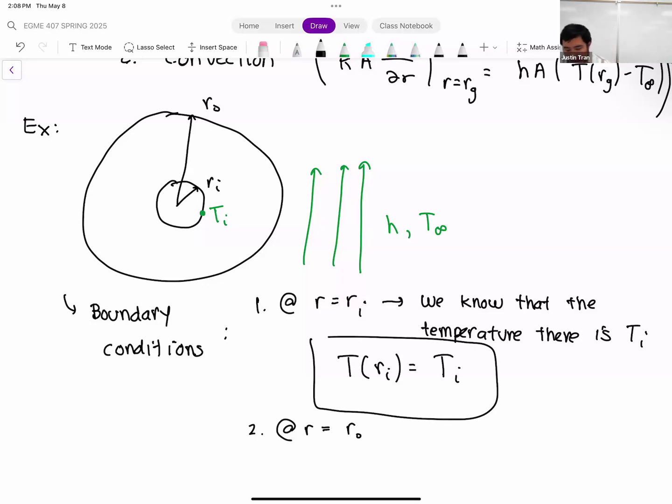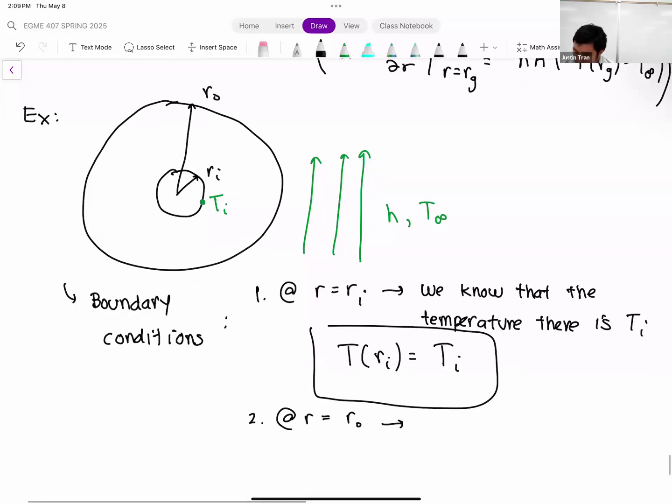Okay. At the outer radius here, we can see that the outer surface of the cylinder is being cooled by convection, or there's convection going on the outside.